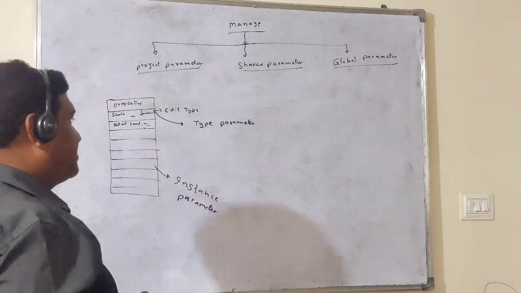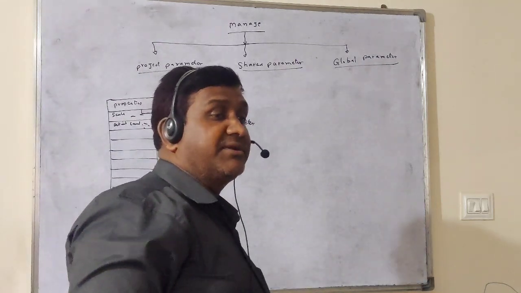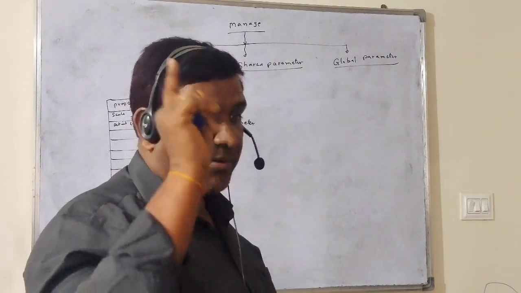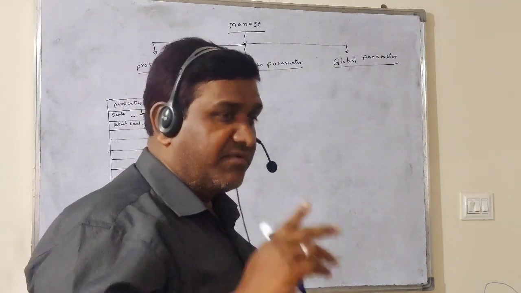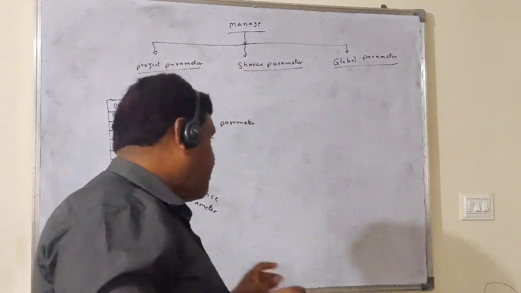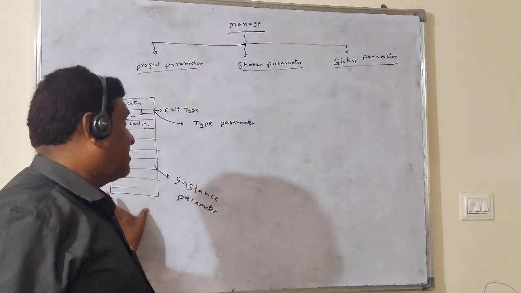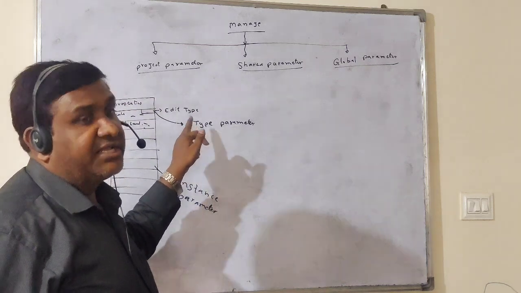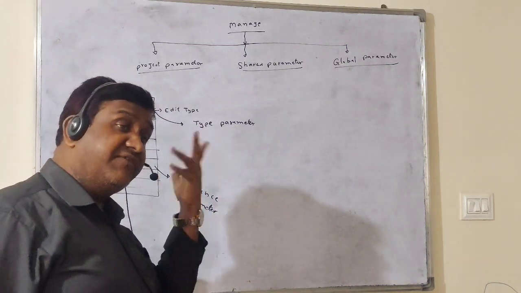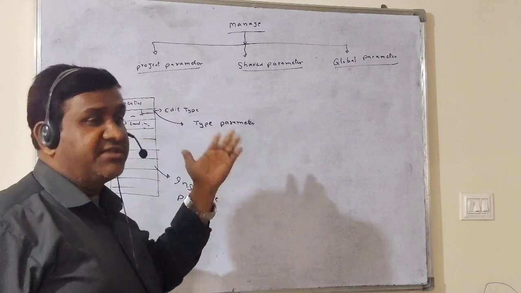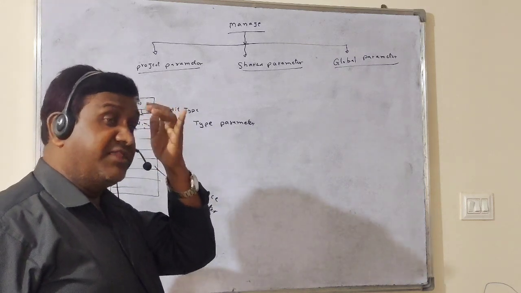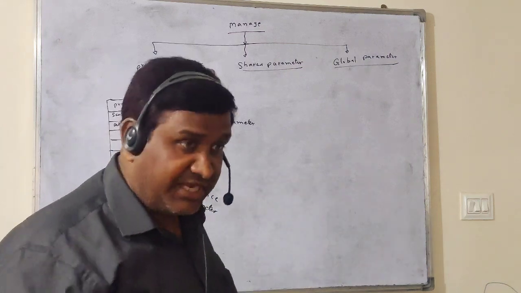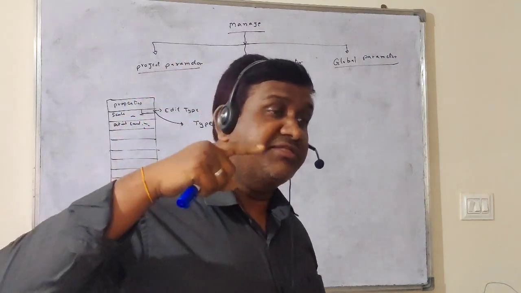So the properties toolbar consists of parameters, and Edit Type also has parameters. Whatever parameters we see in the properties toolbar are instance parameters, and the parameters we see in Edit Type are type parameters. So there is a difference between instance and type. There are two types of parameters, because some parameters we place as instance, and some we place as type.